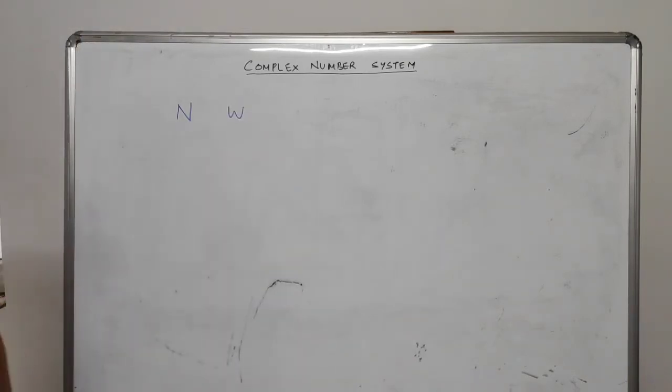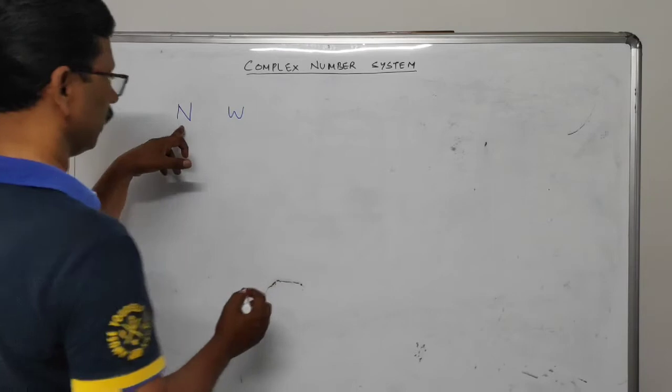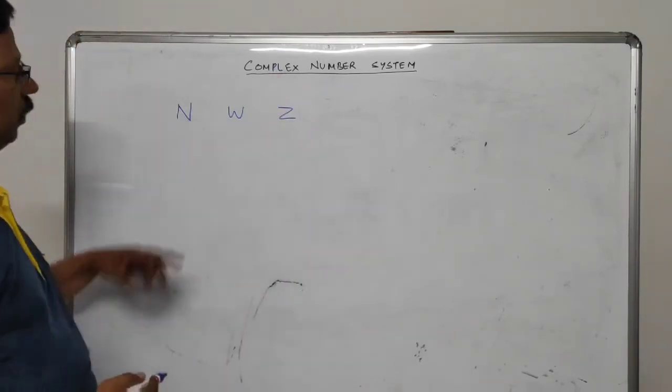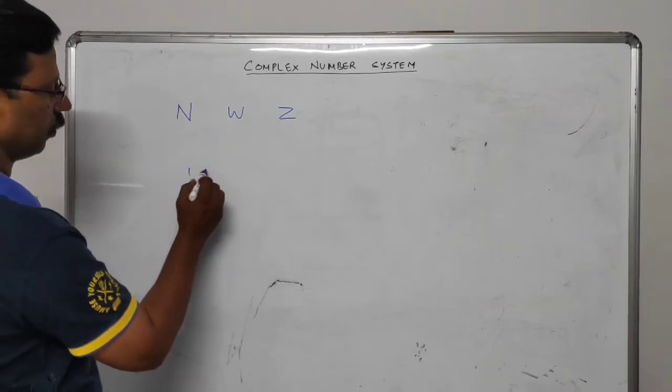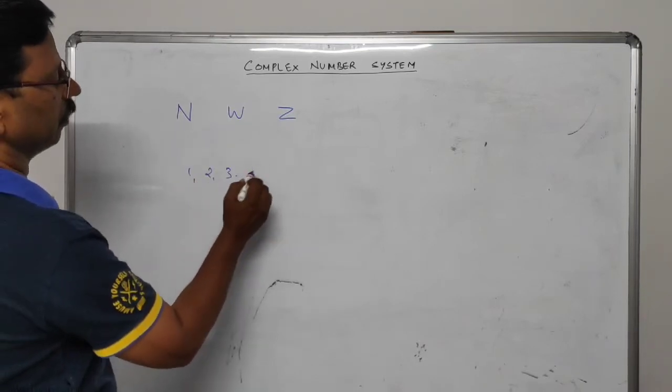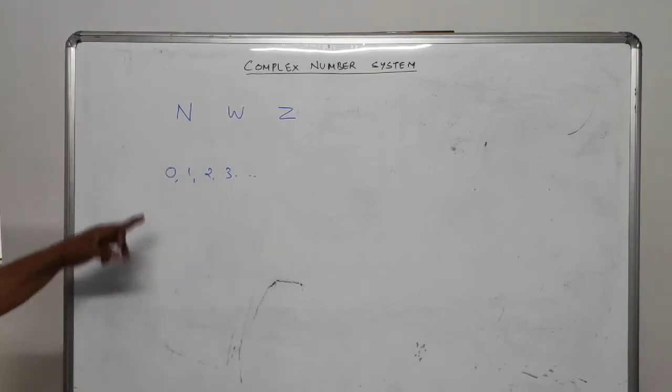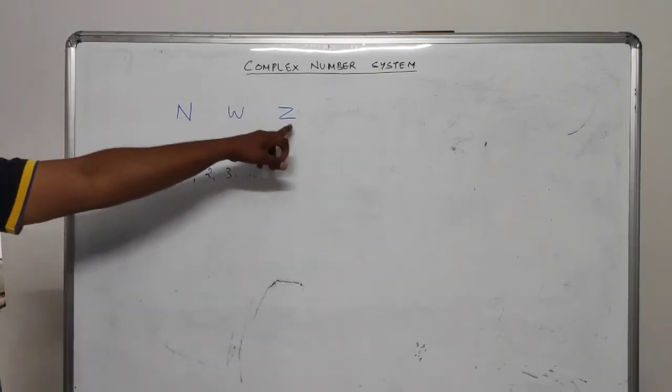Then next after the natural number system and whole number system, we can go for integers. This is 1, 2, 3, etc. Whole number means you have to insert 0 in front of this. This becomes a whole number. Now what is an integer?